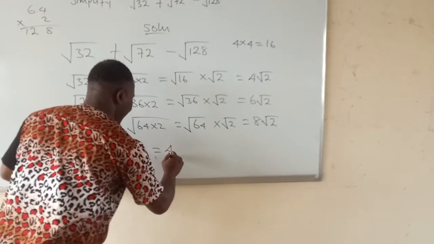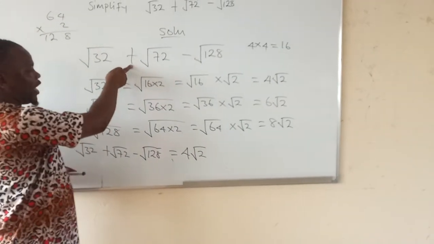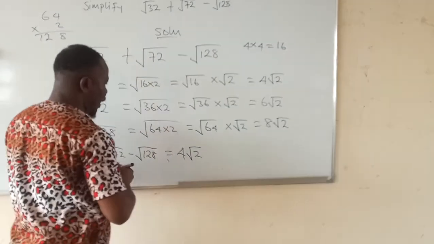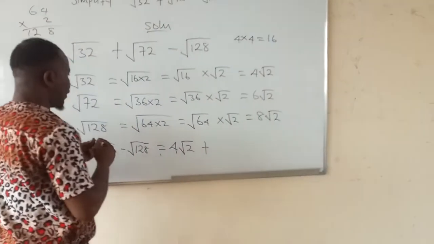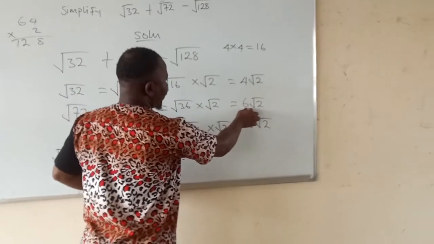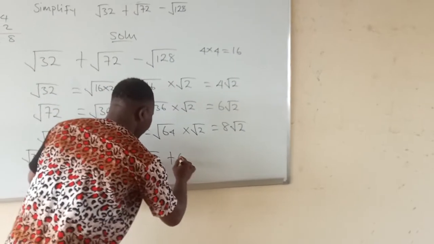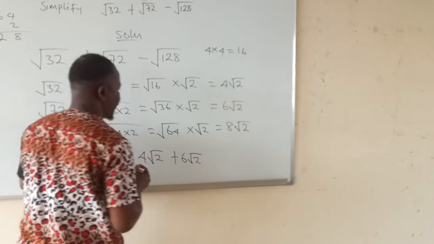Are you following? 4 root 2. What do we have here? We have plus here. Is that clear? We write the plus. Then, instead of 72, we write 6 root 2. Is that clear?